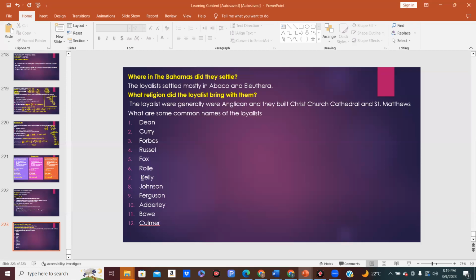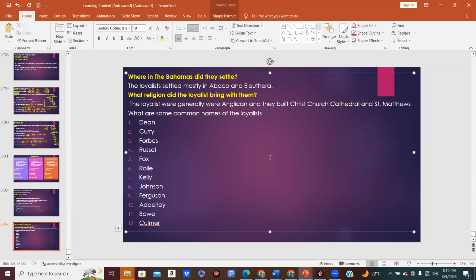Yeah, these are common. And a Dean. My grade 7 science teacher was named Dean. And we have Aiden Johnson right in there. I know a Forbes. I know Stephen Curry.